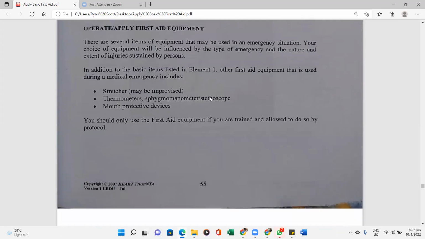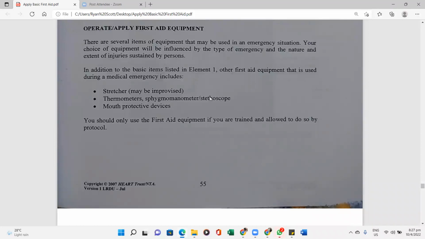Operate and apply first aid equipment. Okay, there are several items of equipment that may be used in an emergency situation. Your choice of equipment will be influenced by the type of emergency and the nature and extent of injury sustained by persons.